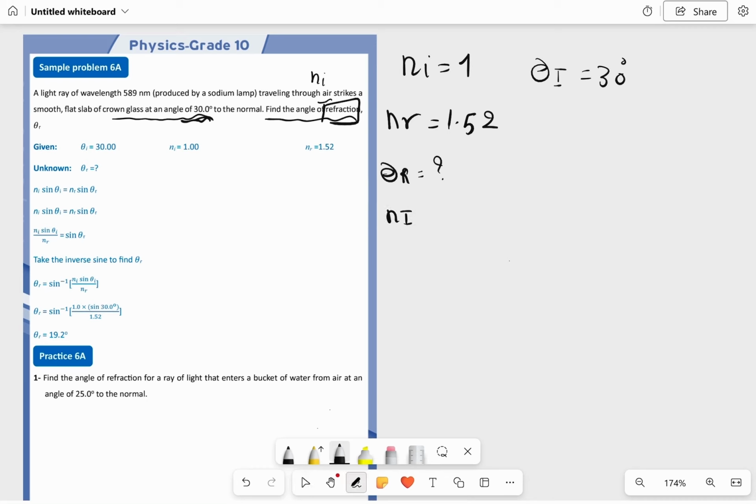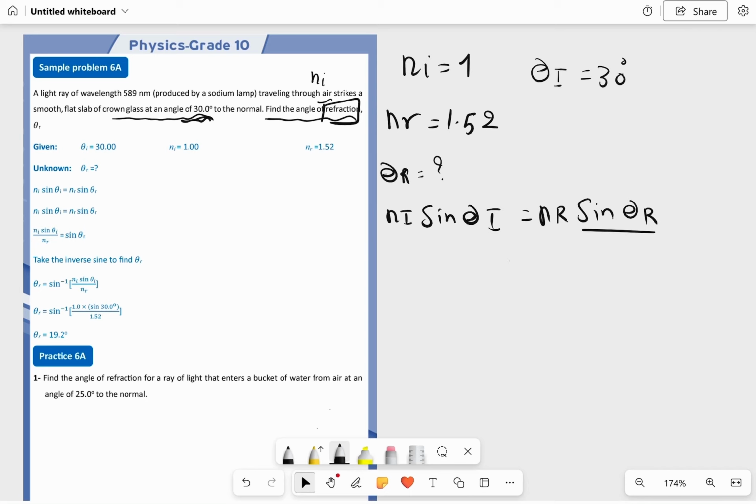Ni sine theta i is equal to Nr sine theta r. It doesn't matter, you can just make this N1 theta 1, N2 theta 2, as long as you don't mix them together. We're trying to find sine theta r.